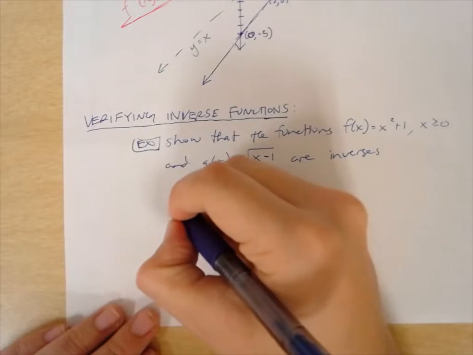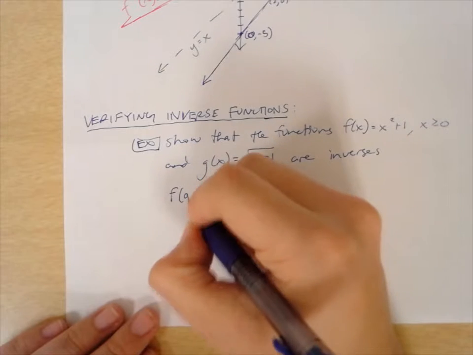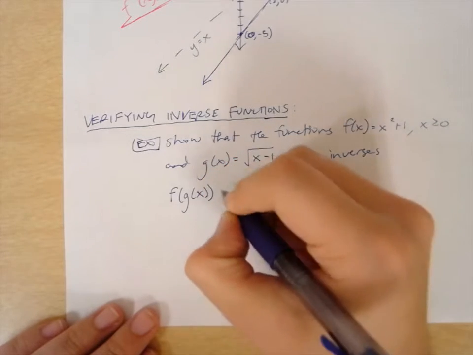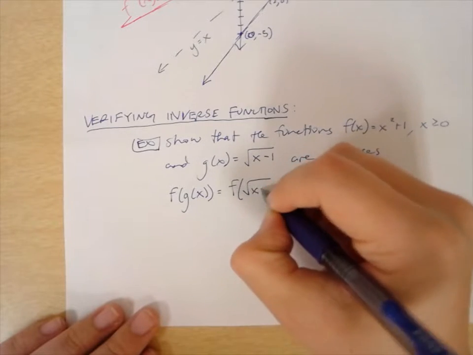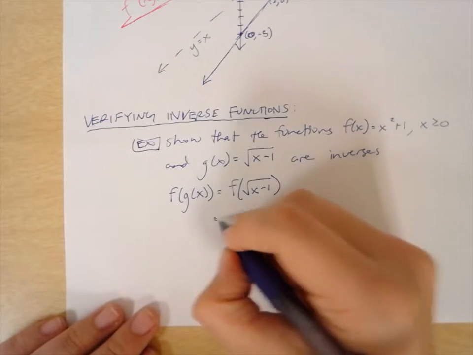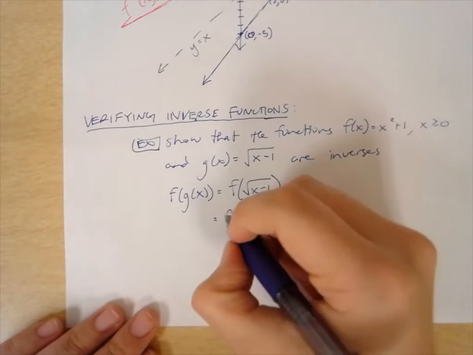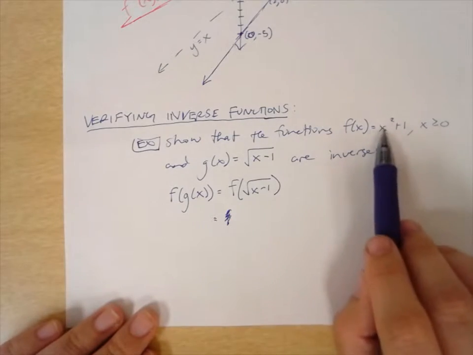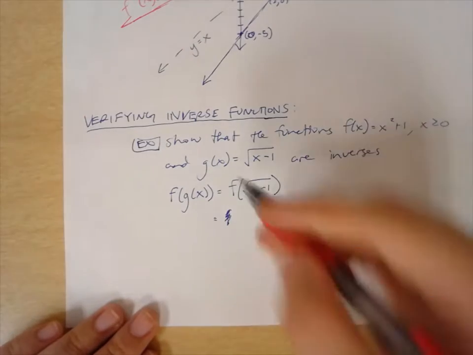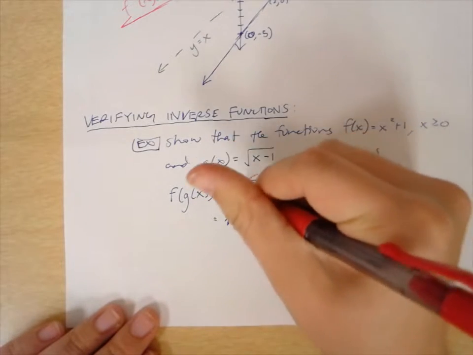We take f of g of x, which means f of radical x minus 1. So I'm taking x squared plus 1, but instead of writing x, remember I'm using that radical x minus 1.